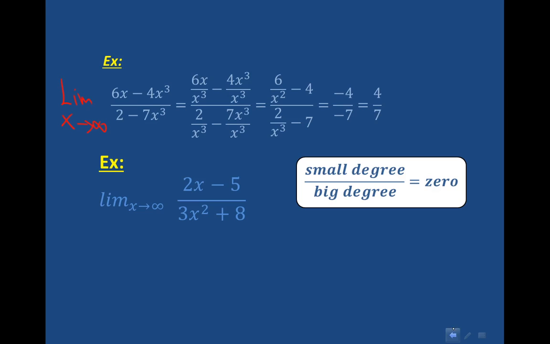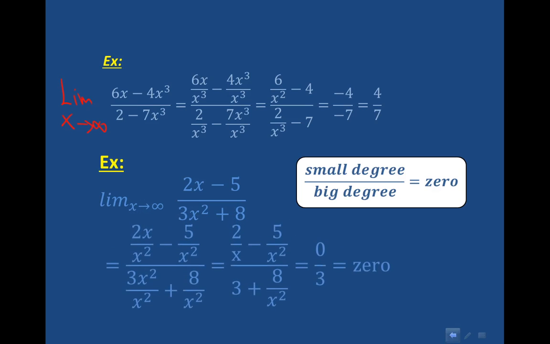How can we find the limit of this algebraic fraction function? I'll divide both expressions by x power 2, which has the greatest power in the denominator. 2x over x squared minus 5 over x squared, over 3x squared over x squared plus 8 over x squared.